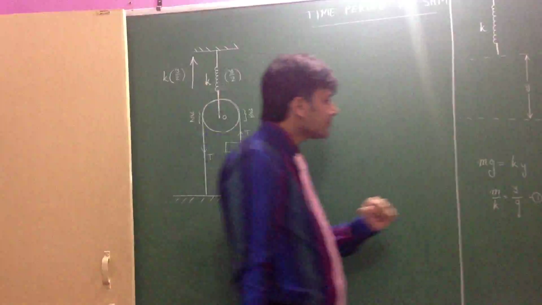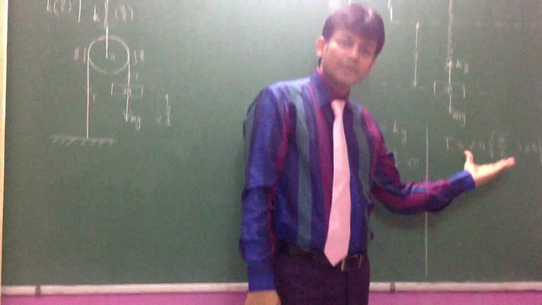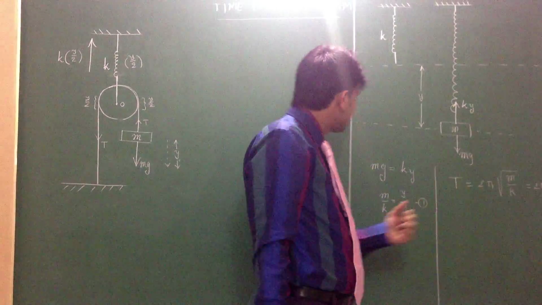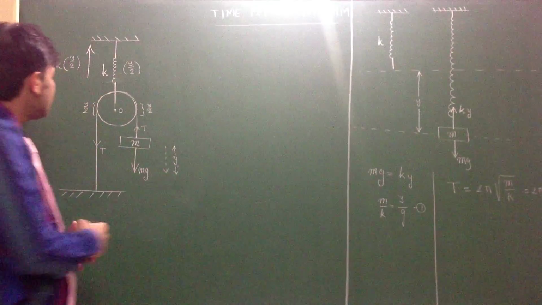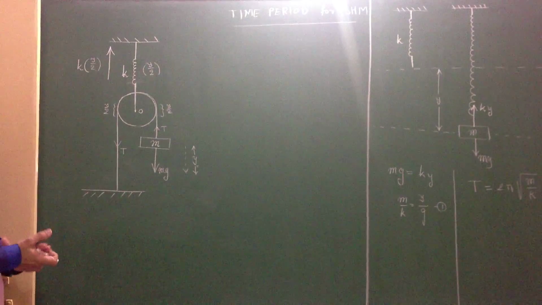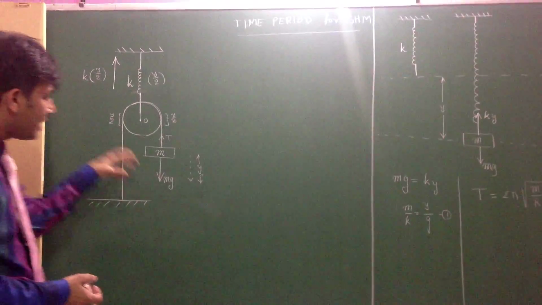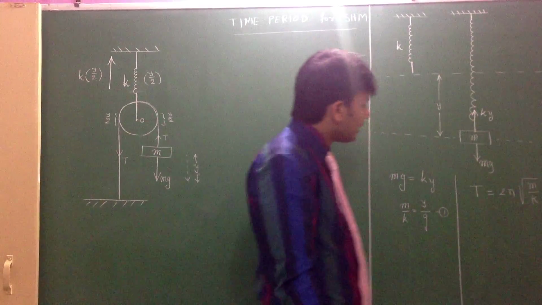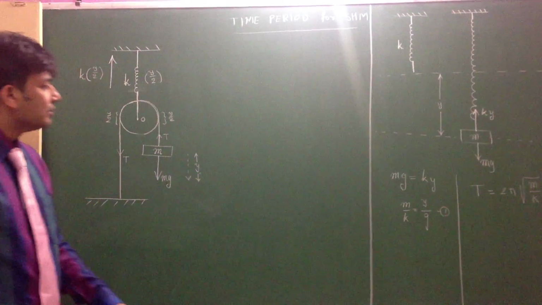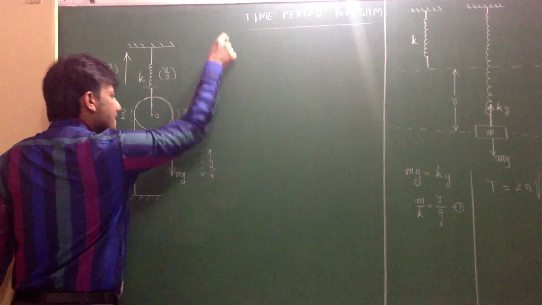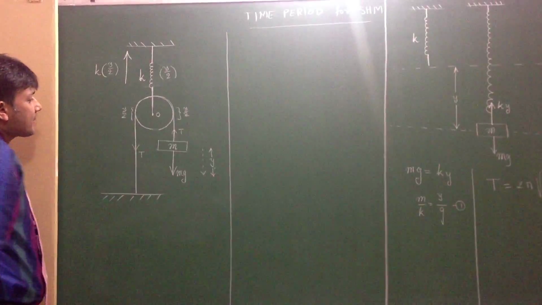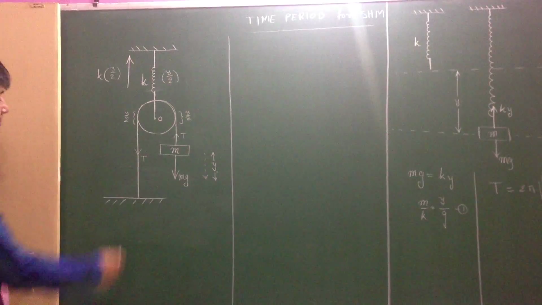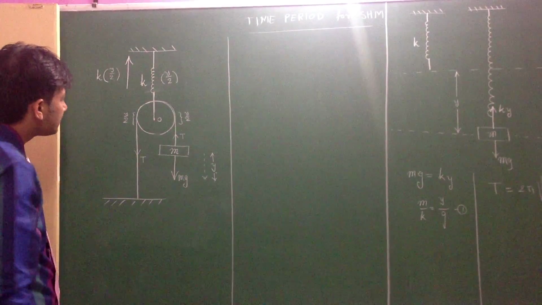That's why you cannot make use of this simple formula. We have to derive some equivalent force constant for this system, and we have to substitute that equivalent force constant in this formula. Then only this can be a useful form. So let me consider some equivalency about this.